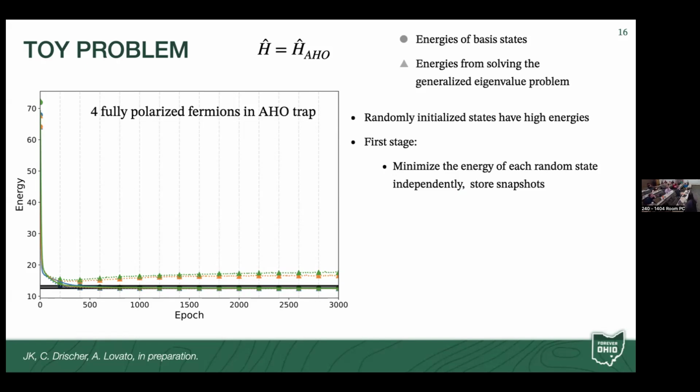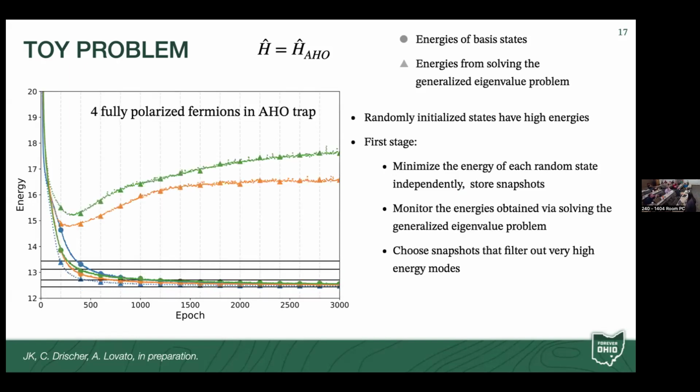Our goal in the very first step of our approach is to just get rid of these very high energy modes. Here I've just zoomed in on the bottom, and I have as black lines the exact low lying states.